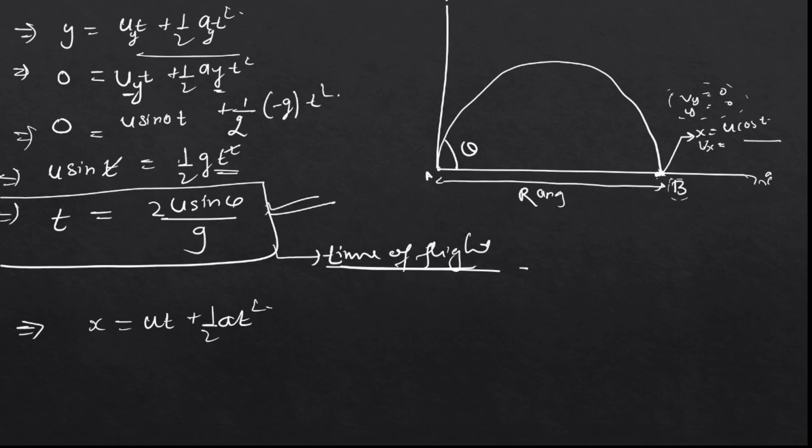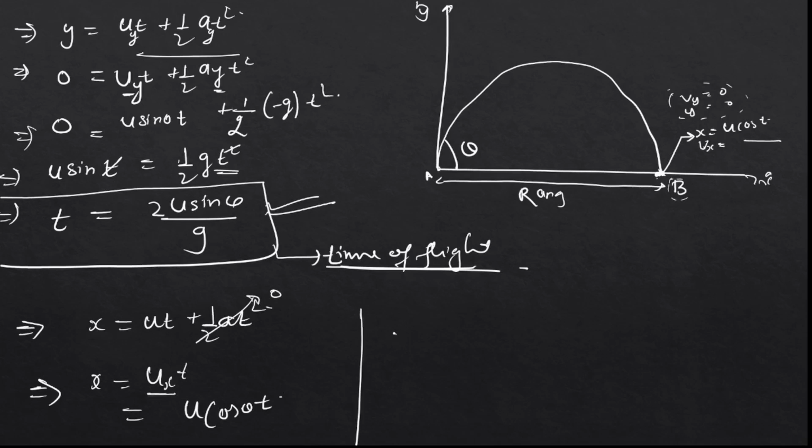That is why I am taking this x-axis. Otherwise, I would have taken the y-axis, right? We know along the x-axis its acceleration is 0. Then x is equal to what? ux t, and we know ux is u cos theta. So x is equal to u cos theta times t.